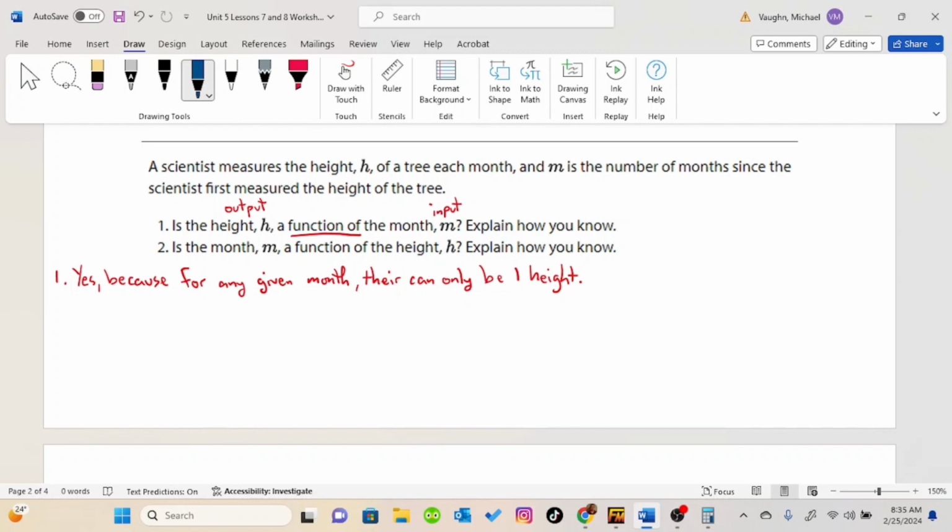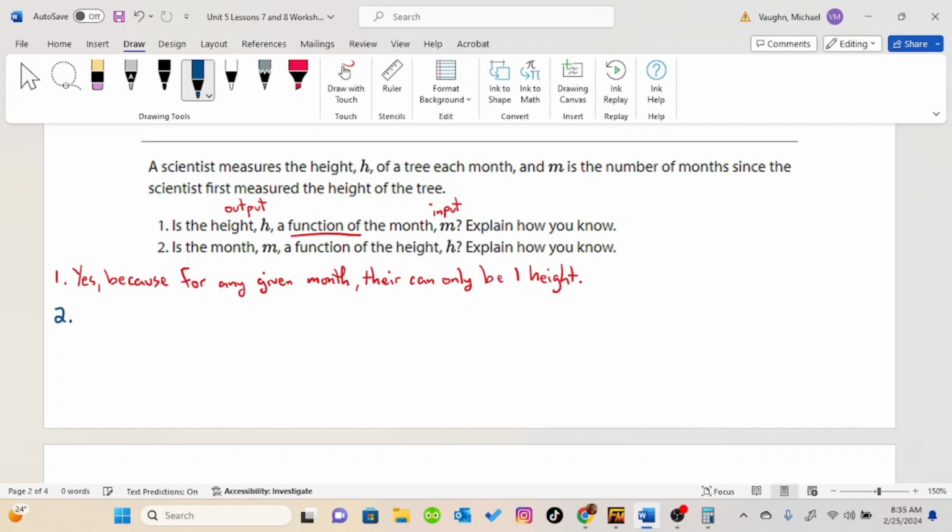So if the tree grows to 20 feet tall and then stops growing, well, that height could be 20 feet after 20 months, and it would still be 20 feet after 30 months.